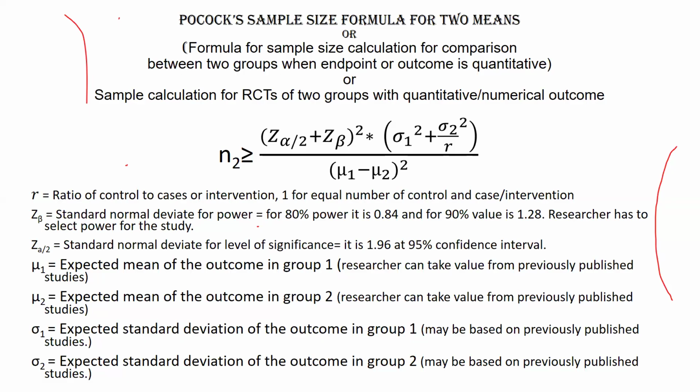And this is sigma 1 and sigma 2. I have already explained all these in this formula. Sigma 2 is the expected standard deviation of the outcome in group 2. It may be based on a previous published study. We can even assume sigma 1 and sigma 2.